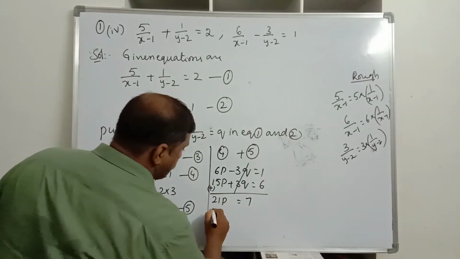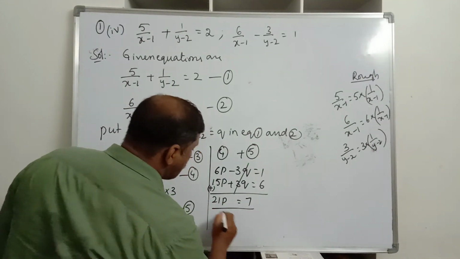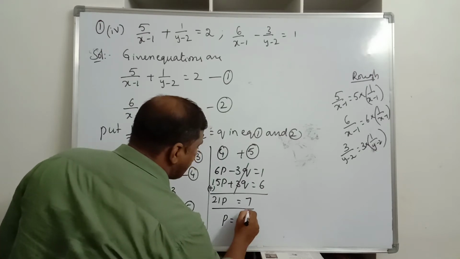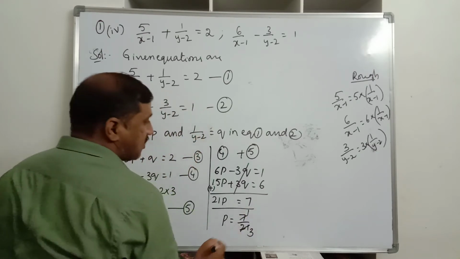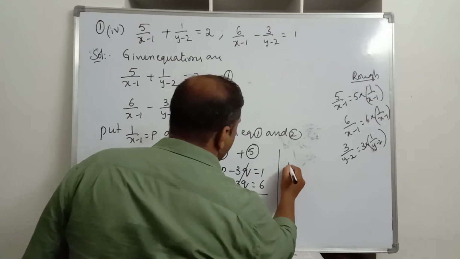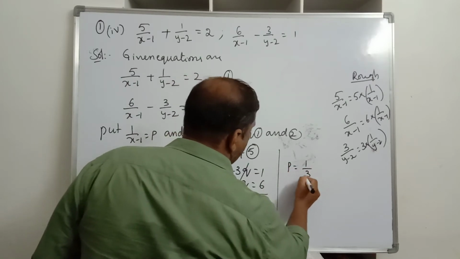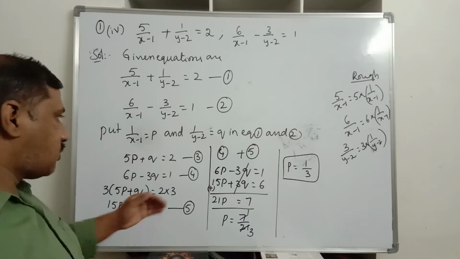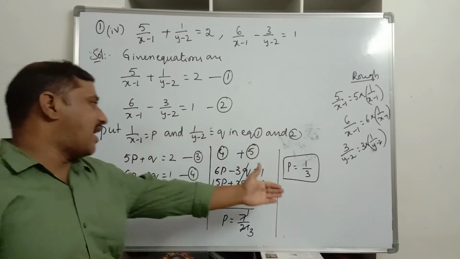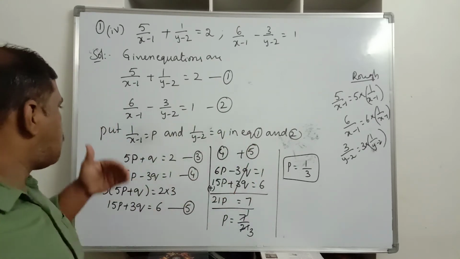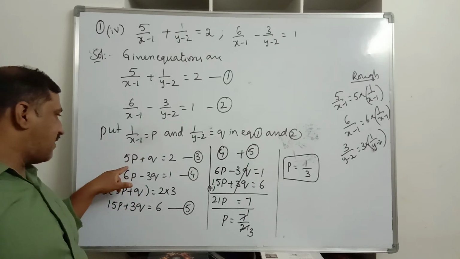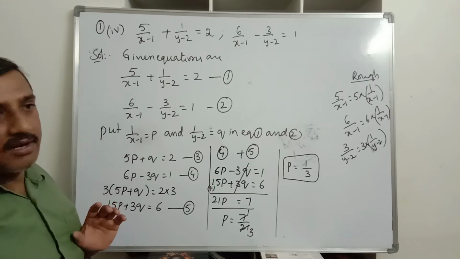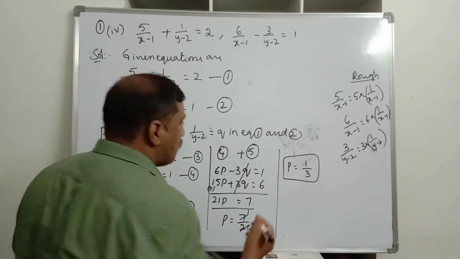Now p is equal to 7 by 21, transposing 21 to that side. 7 ones are 7, 7 threes are 21. So we got p is equal to 1 by 3. Next we have to find q. To find q, substitute p is equal to 1 by 3 in equation 3, equation 4 or equation 5. I am going to substitute in equation 4.